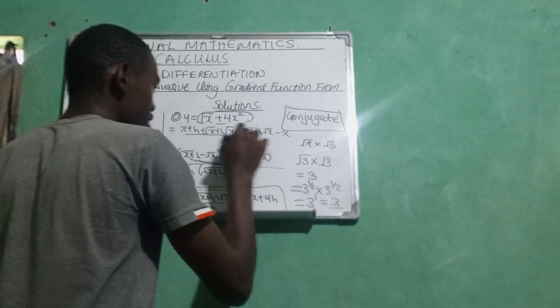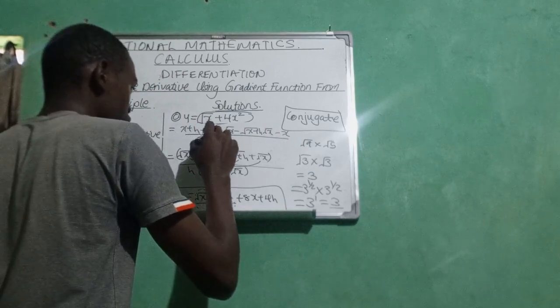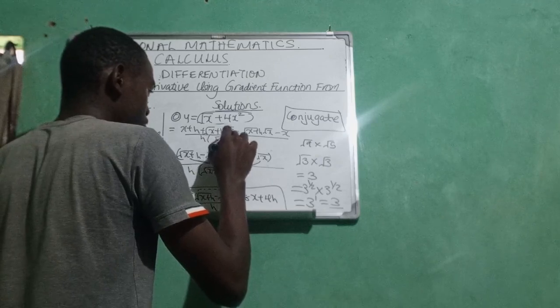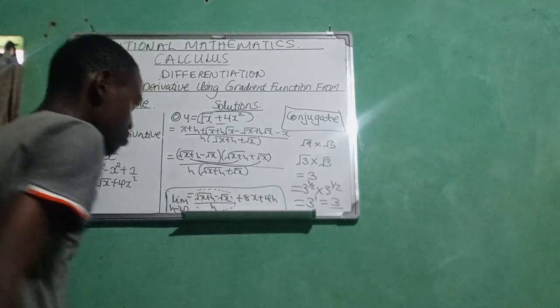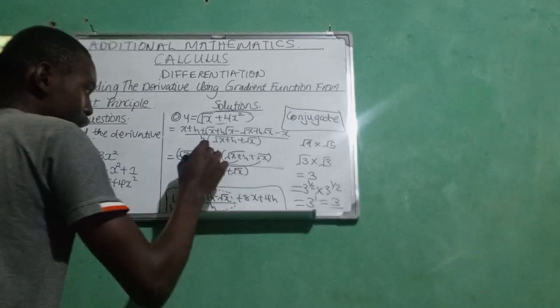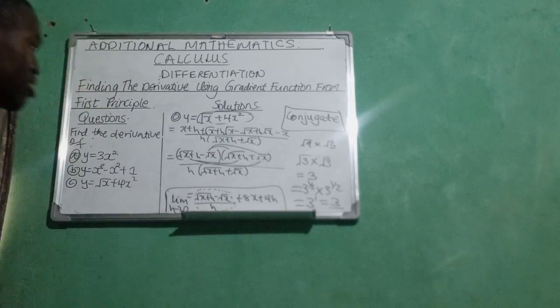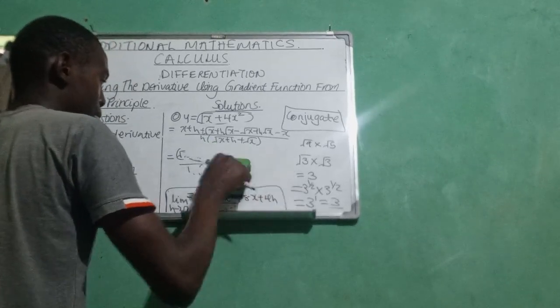Then you divide everything by h. You multiply by square root of x plus h, then plus square root of x. So what have I done? I multiplied this by that. That's what I did.